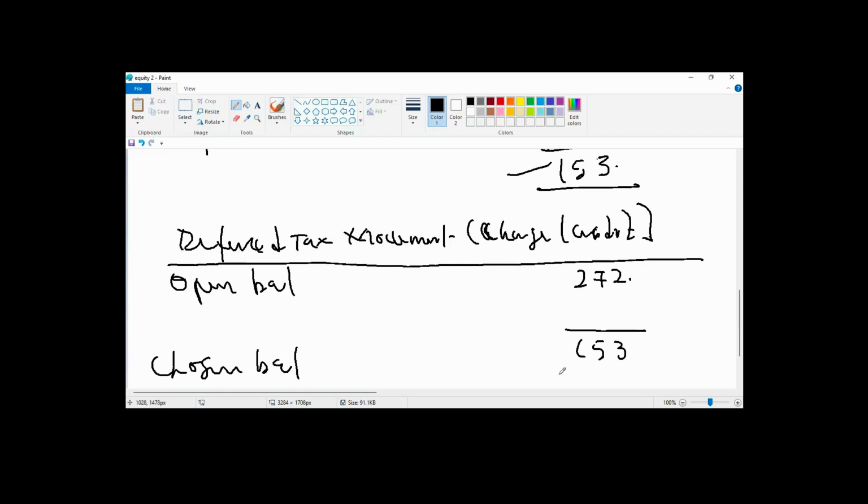153. This is a credit. 272 minus 153 is 119.